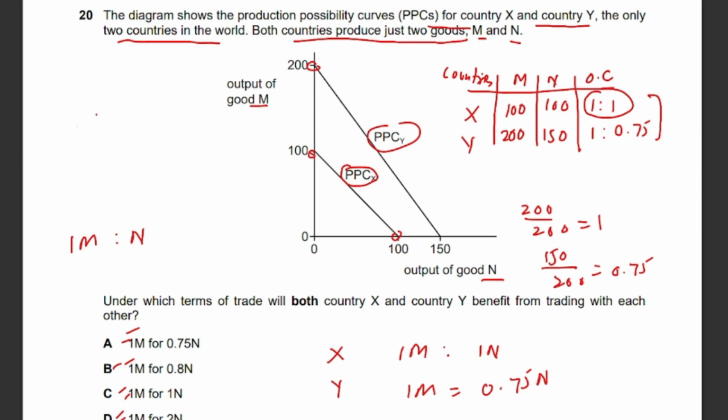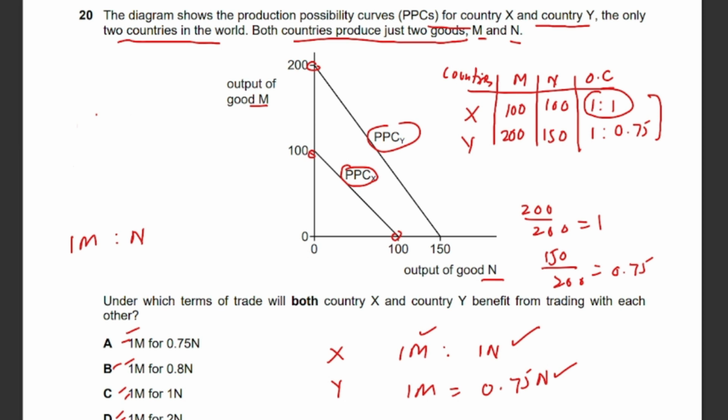So keep in mind, country X will never offer 1 unit of N for 1 unit of M, and country Y will not accept 0.75 unit of N against 1 unit of M, because country Y itself can produce 0.75 N against 1 M. If it accepts 0.75, then there is no reason to trade.